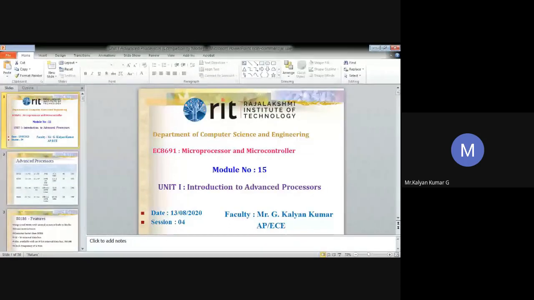So good morning all. Today we'll be discussing advanced processors. So what do you mean by advanced processors? Why do you call them advanced processors?